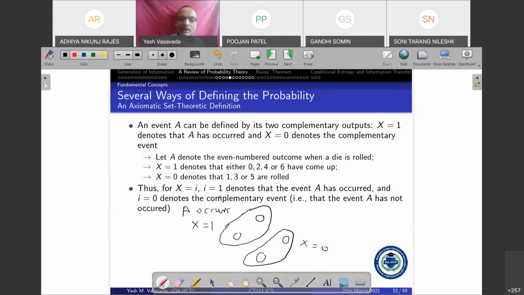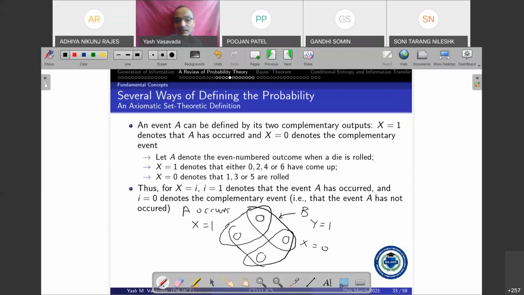Now, somebody can say that, okay, that is your event A. My event is going to be different from your event, and that is this subset. And I'm going to call this event B has happened. And so corresponding to event B, that fellow will say that I'm going to assign a random variable y. When this subset happens, I'm going to say that random variable y is 1.